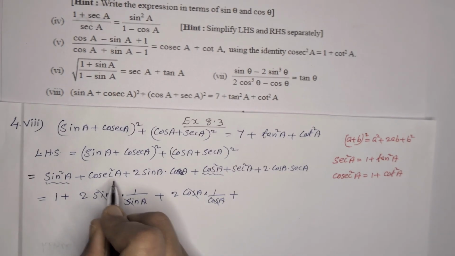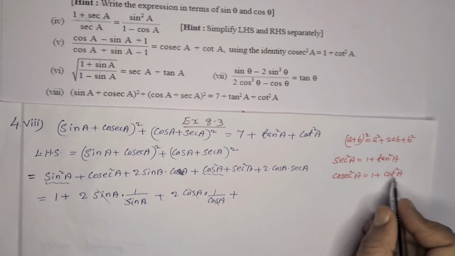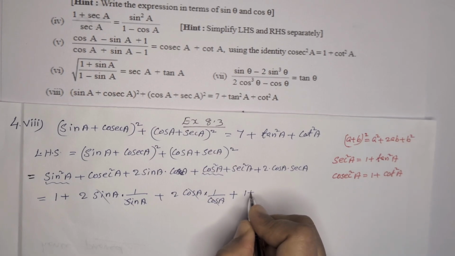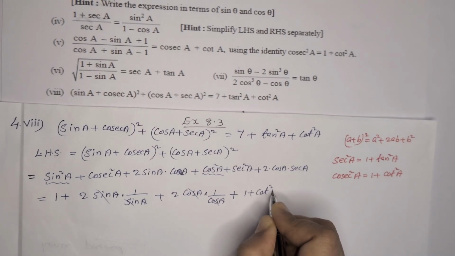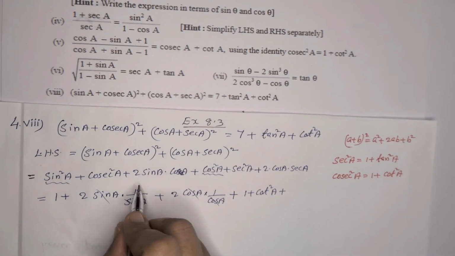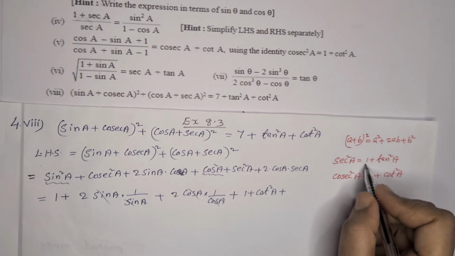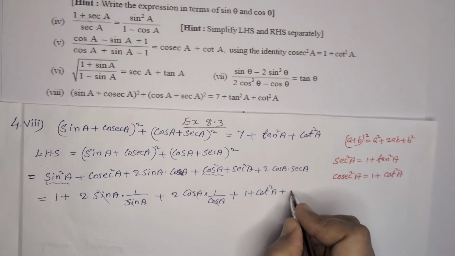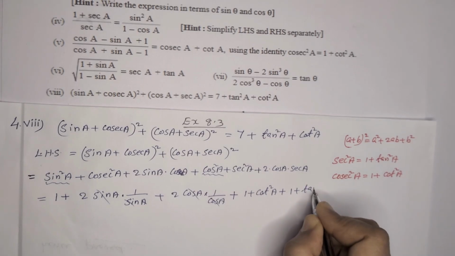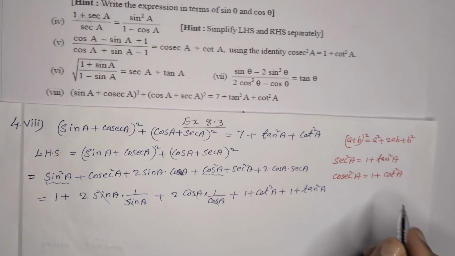Cosec square A we can replace as 1 plus cot square A. Then remaining sec square A, in place of that we can write 1 plus tan square A, using all these identities.